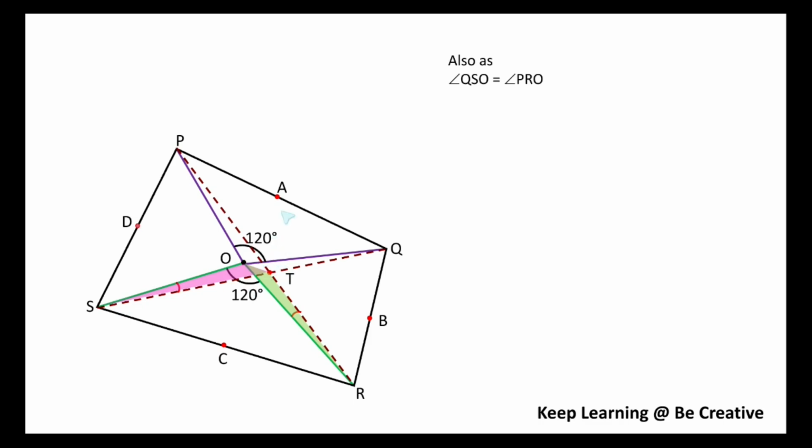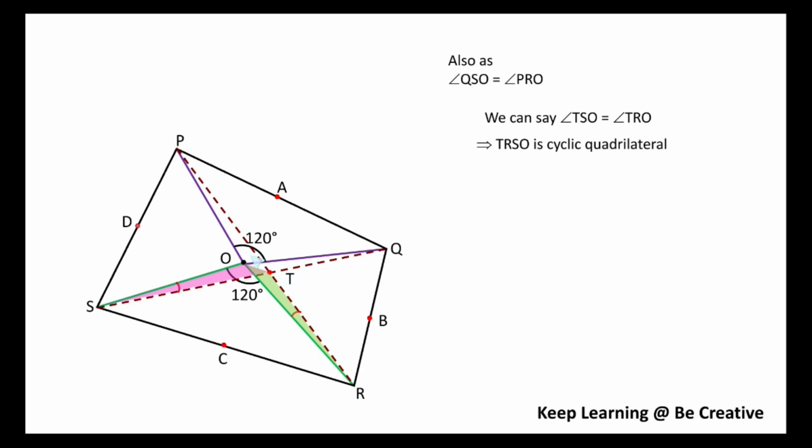We have just taken the part of these two angles which were equal. This we have proved as a result of the congruency of the triangles. So we can take just these two parts equal, because they are the same equal angle subtended by the 2 points, O and T. So angle TSO equals angle TRO.